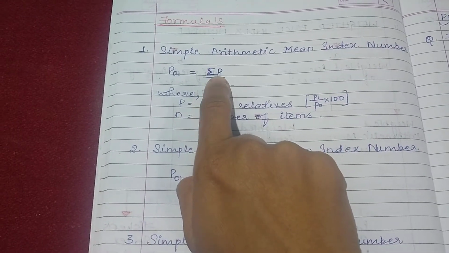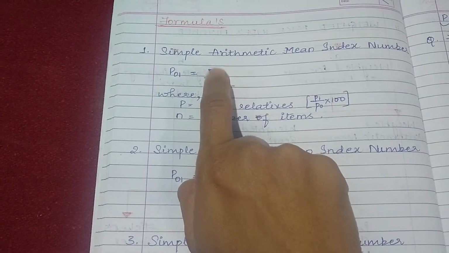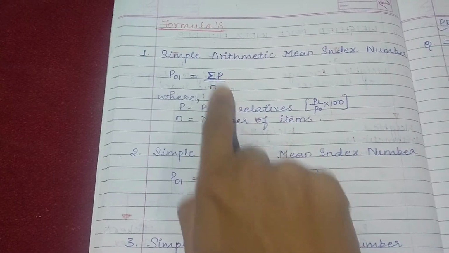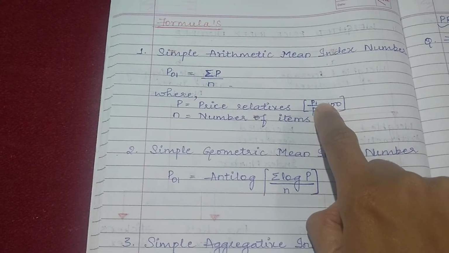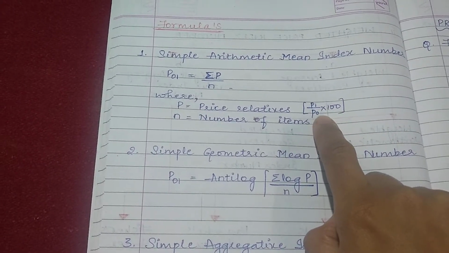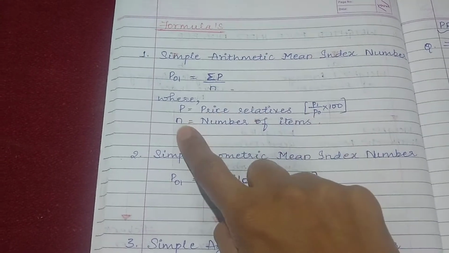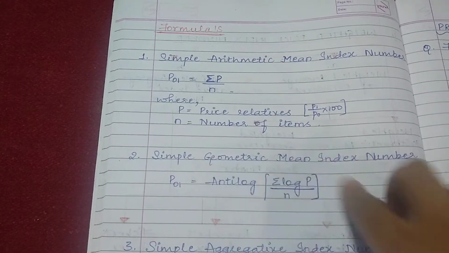The total of P, capital P. How do you get this capital P? You have a formula for it. P is nothing but P1, the price for the current year, divided by P0, the price for the base year, into 100. Small n, as usual, you all know, is the number of items.